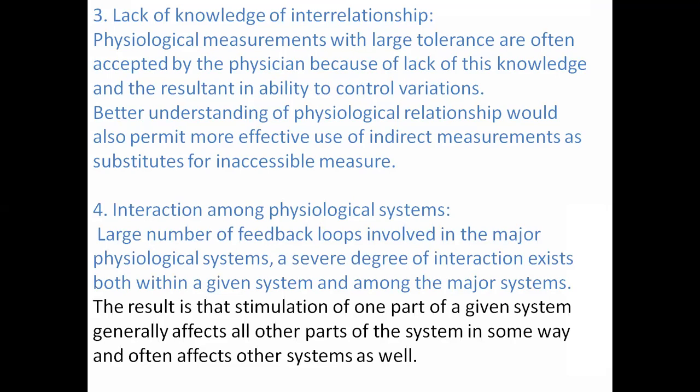Suppose, depending upon those interacting systems, it produces some stimulation. Some sort of extra signals will be generated, and those signals will be sent to different parts of the body. It will affect the different parts of the body.